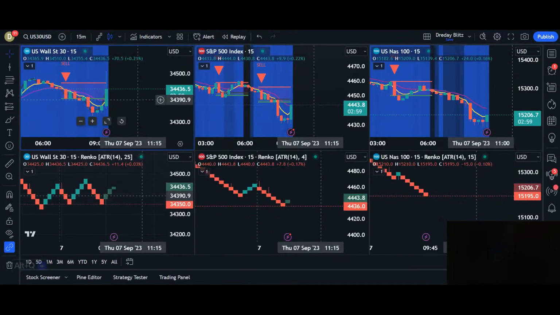And if we look at the Renko bars at the same time, we should see a change in the market too, going up, and we'll continue trading going up. If we look at the S&P 500, it's pushing up right now, and the Nasdaq too. We'll see if we have a signal coming in for the S&P 500.